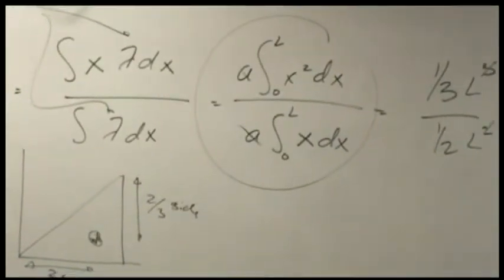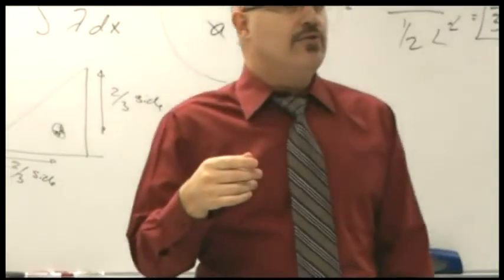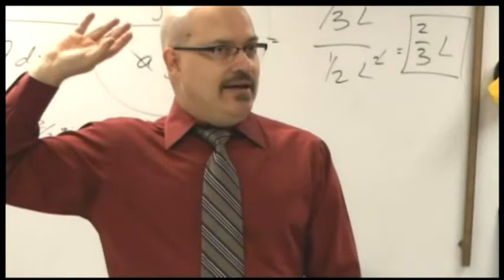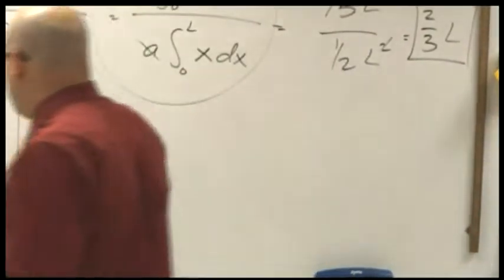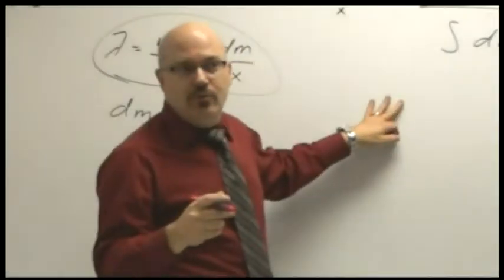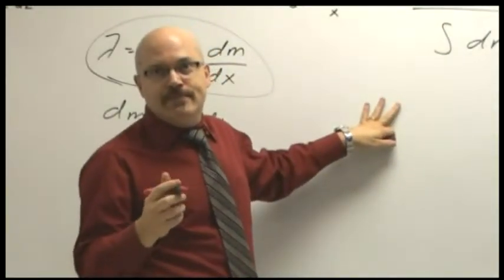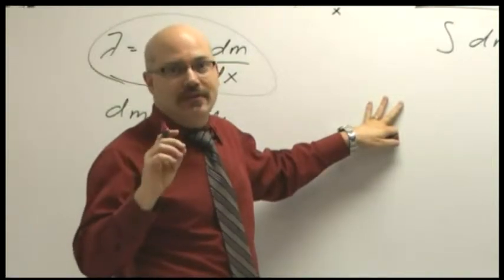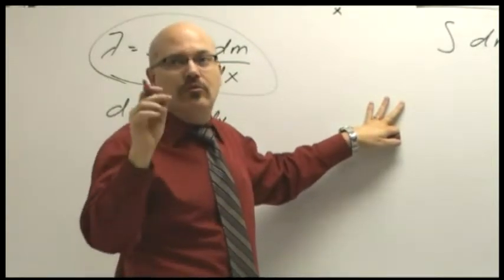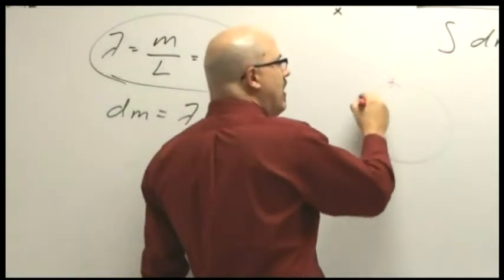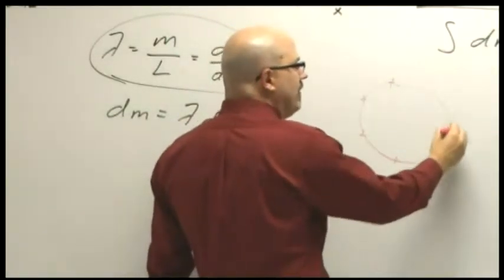And by the way, everybody, that's going to be the same thing that we use over and over again when we get to static electricity. So if you didn't understand this, you need to get an idea of how this works, because we're going to be doing this when we get to charge densities. Charges do not necessarily all lay in one spot. Like for instance, when we have a sphere, the charges may not all be on the outside edge.